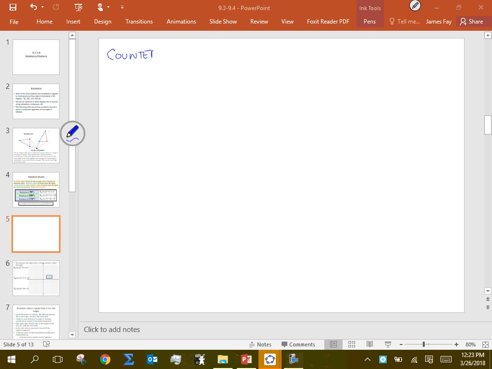These are counterclockwise rules, and these rules are exactly what we have already defined them to be.